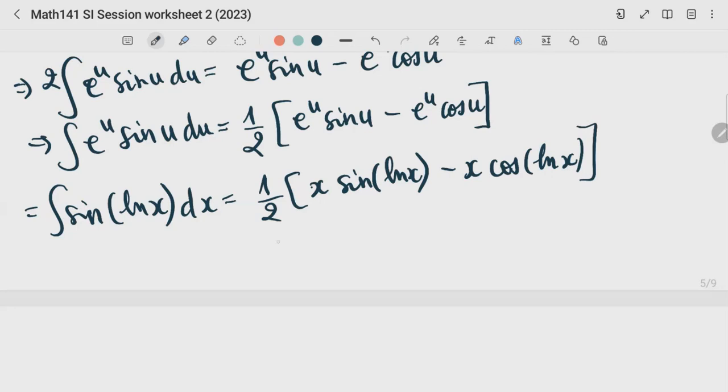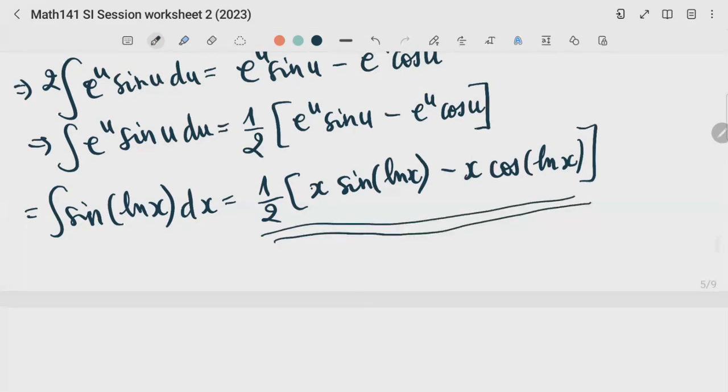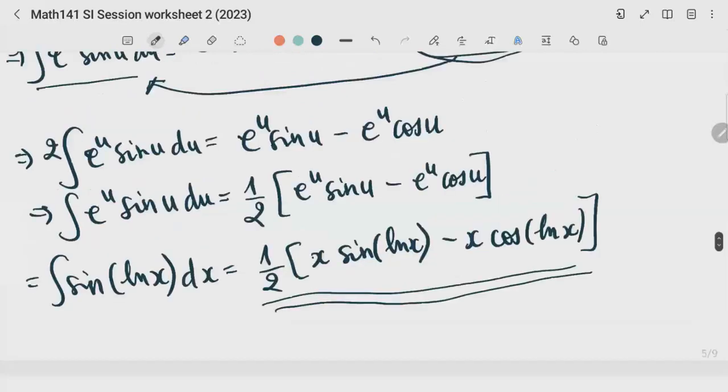And this should be the final form of this expression. So you can double check if we didn't make any mistakes there.